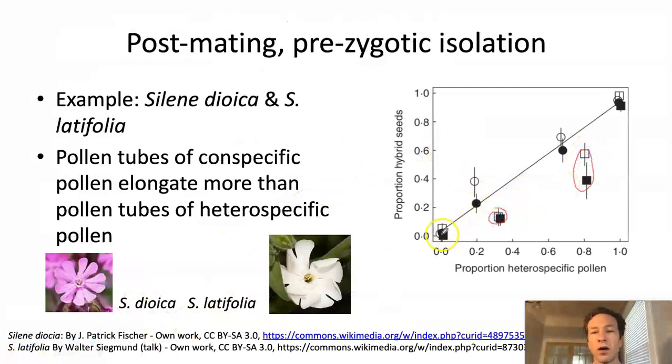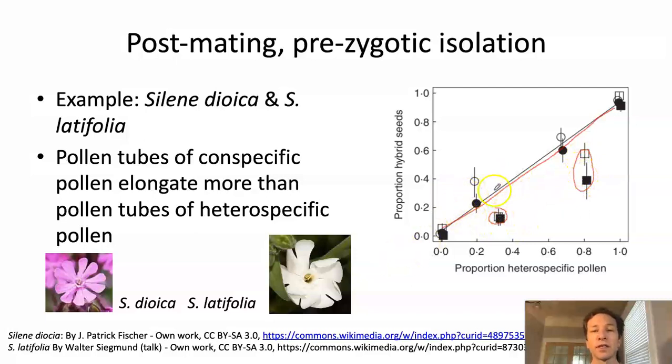So these points are all below this 1-to-1 line, which would mean equal success for both pollen types. So this is an example then of a post-mating pre-zygotic isolating barrier. Foreign pollen does not sire as many seeds as pollen of the own species.